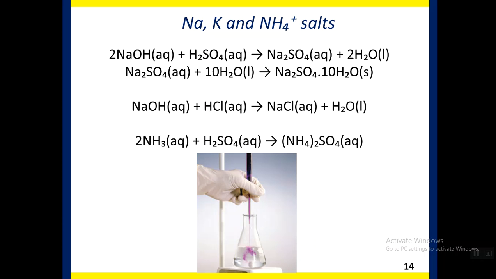With that, we come to the preparation of sodium, potassium and ammonium salts. So why is the preparation of sodium, potassium and ammonium salts different from the preparation of the previously mentioned salts? The reason why compounds made out of potassium, sodium and ammonium need a special procedure is that they are soluble in water.